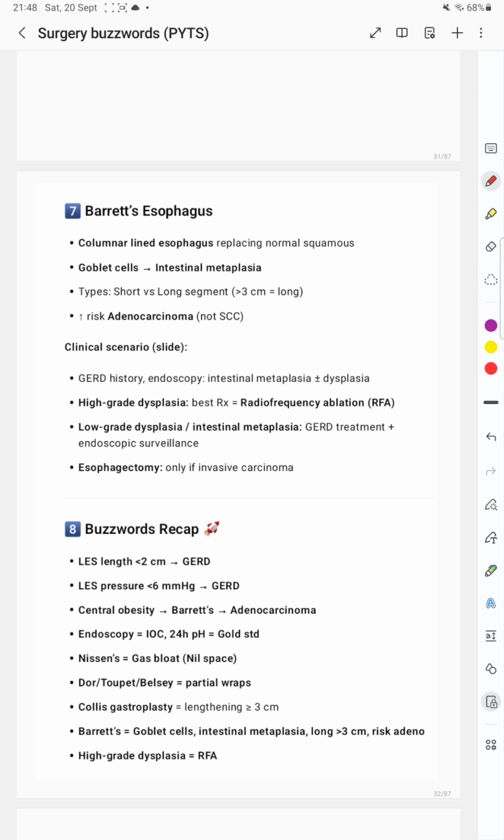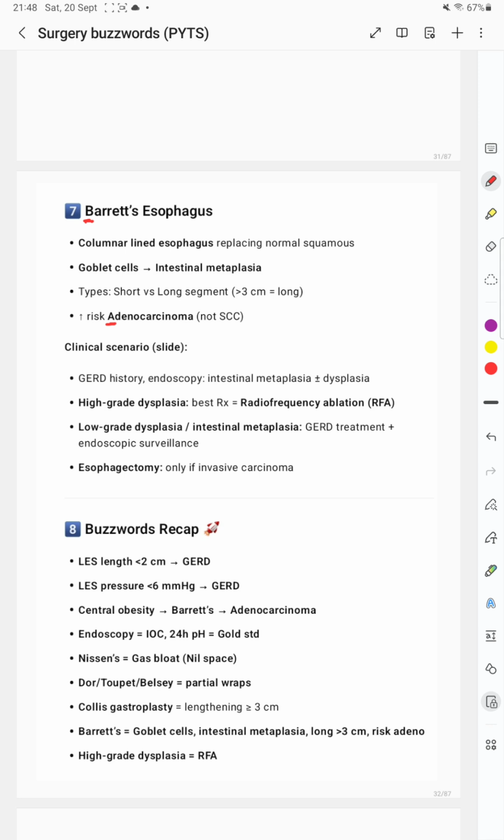We'll see intestinal metaplasia, and goblet cells also. Types can be short and long segment. If it is more than 3 centimeters, we consider it long, and we know that it increases the risk of adenocarcinoma. We can remember it like A and B, both together. So not SCC but adenocarcinoma.